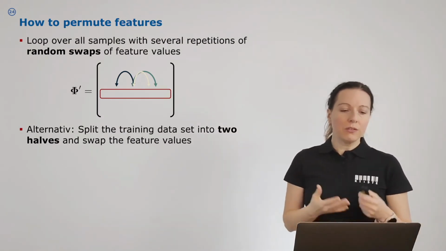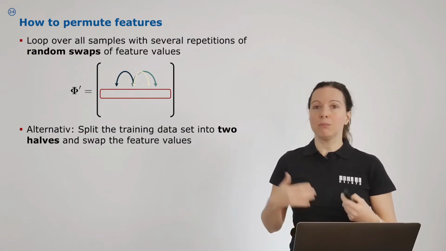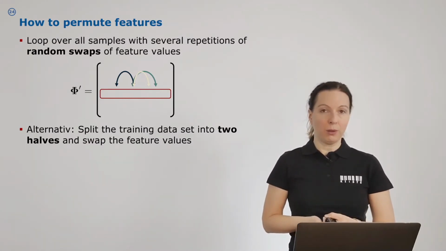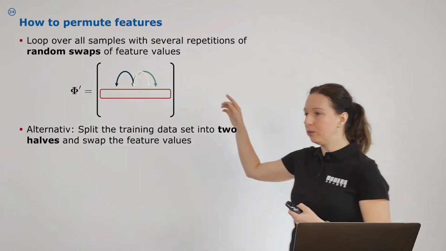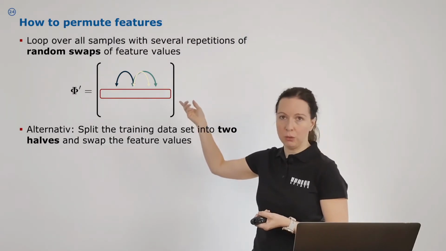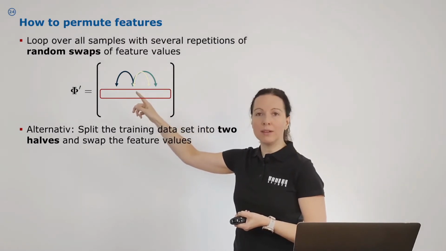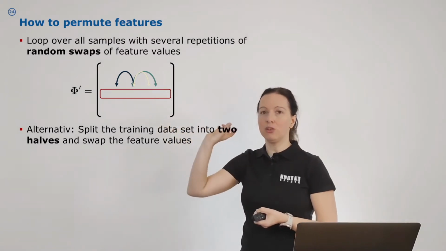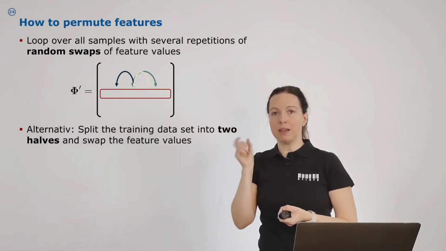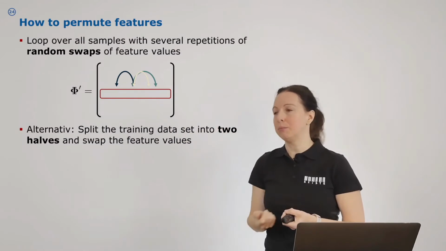What you can do is loop over all samples with several repetitions of random swaps of feature values. So you identify one dimension, the feature you are interested in, and then you identify one specific sample, and then you swap the feature value of the sample with the feature from another sample.